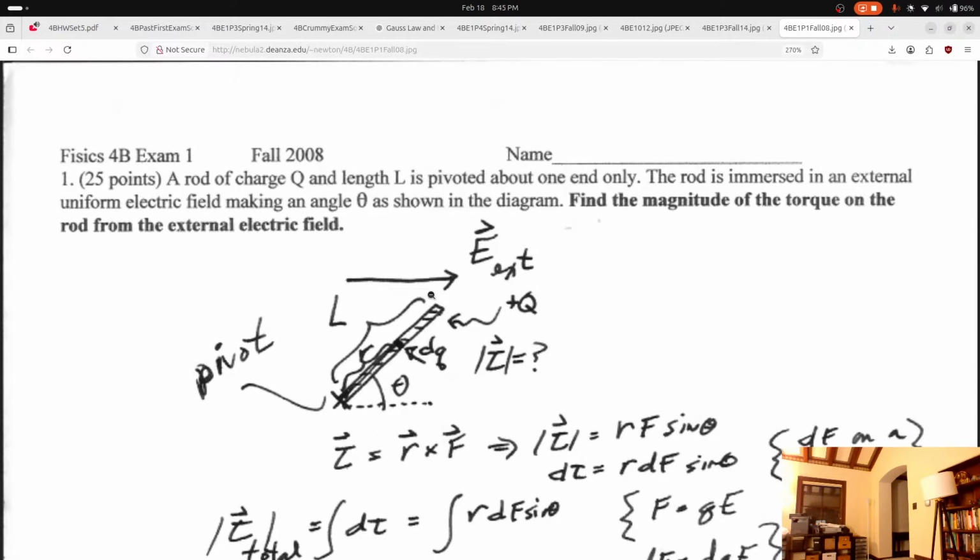Okay, so we need d tau, d F. So tau equals integral r cross dF. We cross q E. This r has to equal s cos, s sine.